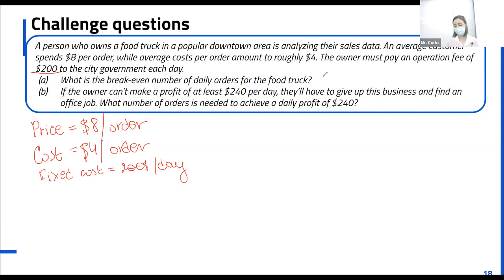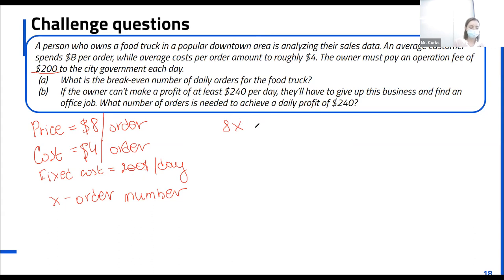So to illustrate this from algebra, let me write the equation. So let x be the order number. So 8x is his revenue from the sales he makes.